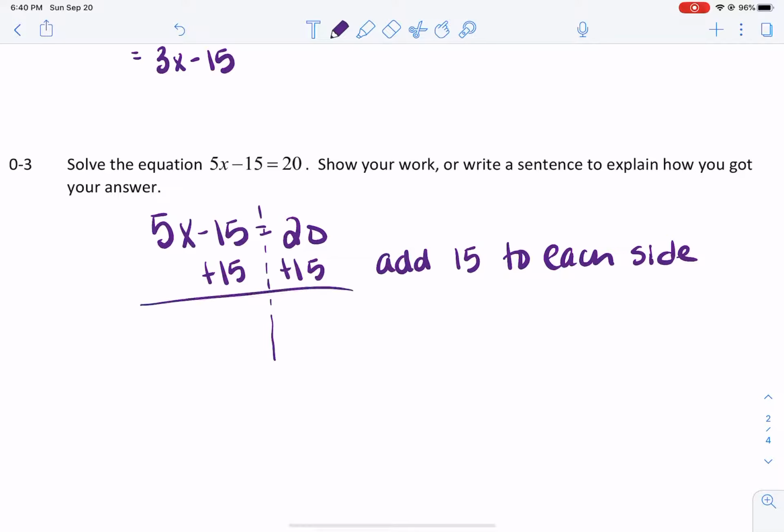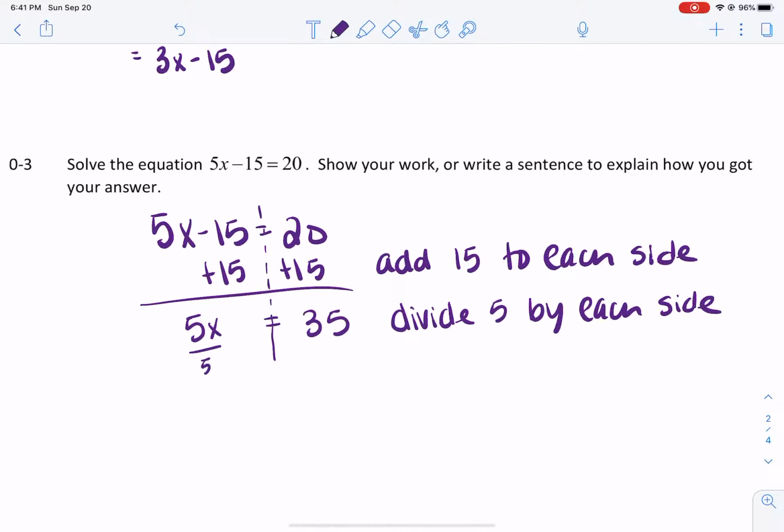All right, so then that gives me 5x is equal to 35. Then I will divide by 5 on each side. So x is equal to 35 divided by 5, which is 7.